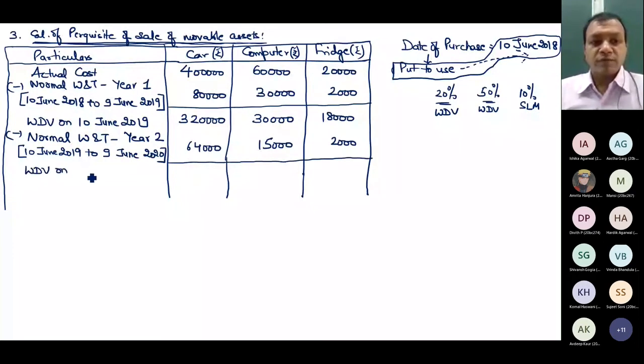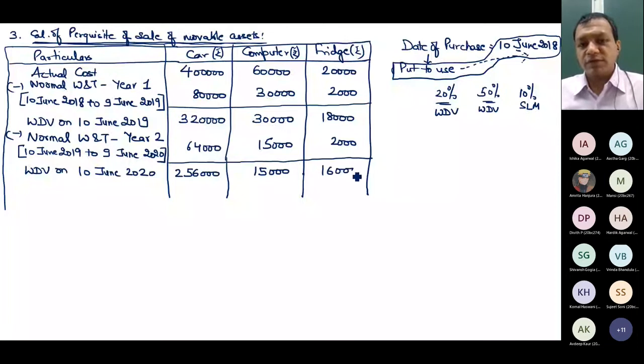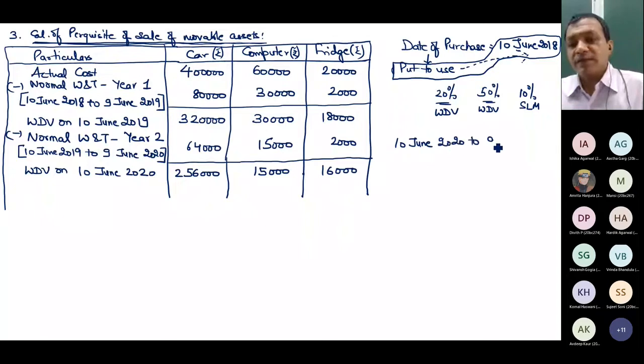It is WDV on 10th June 2020. 320 minus 64, so that will be 256. 15,000 computer, 16,000 fridge. Now next year WDV you cannot compute because you have to compute on the basis of complete year, because if you write next year normal wear and tear, it will be 10th June 20 till 9th June 21.